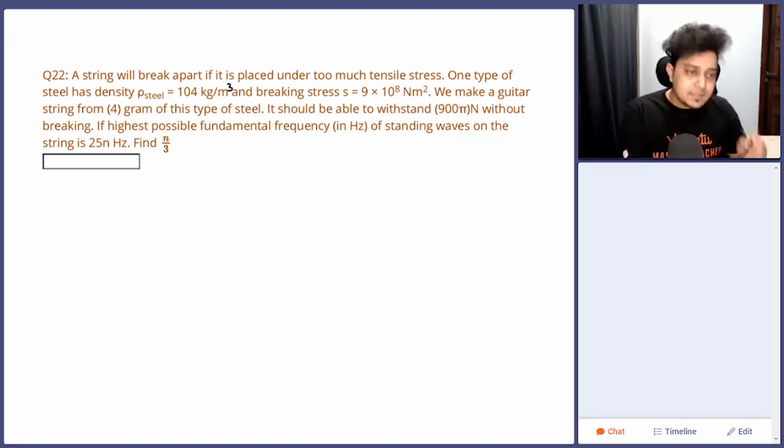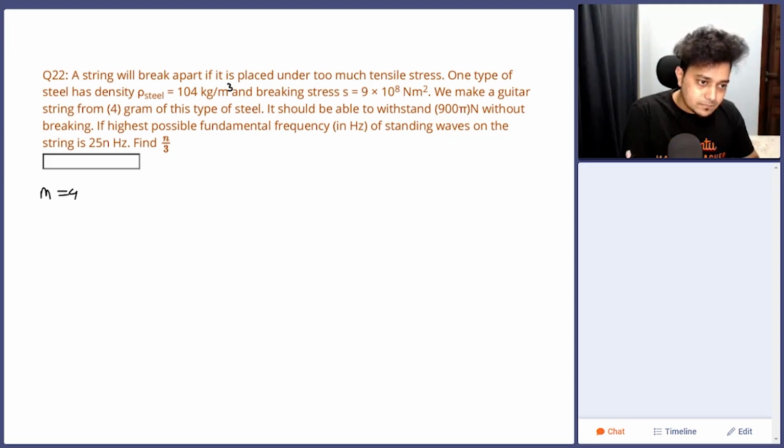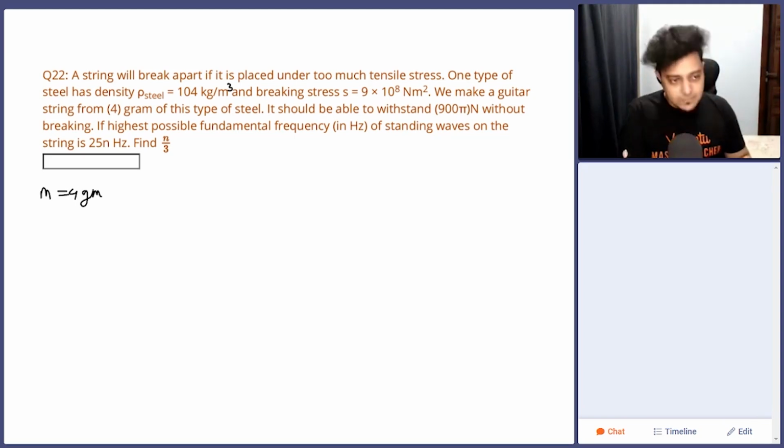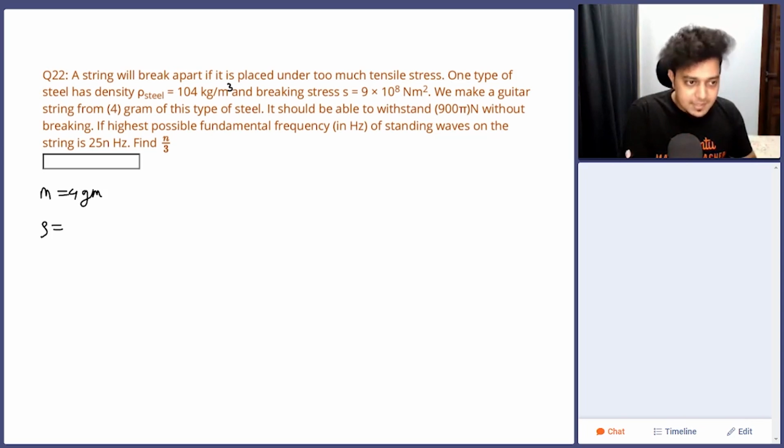We are given the mass of the wire. Mass is 4 grams. Then density is given.